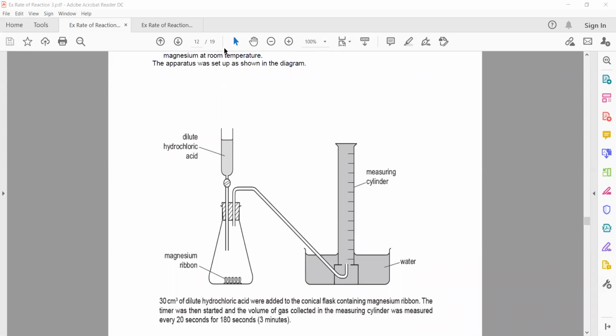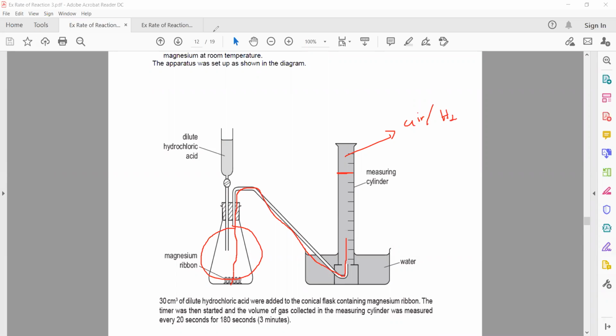Then we add an acid. When acid reacts with metal, it will give hydrogen gas. Already some air is also present. So when hydrogen gas is released, it will push the air, and will collect a sample, a mixture of air and hydrogen.